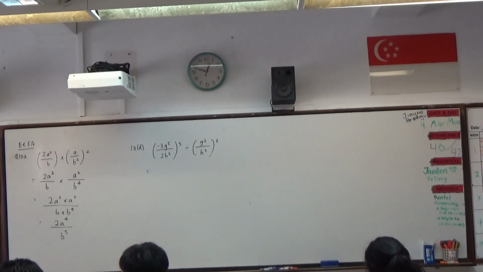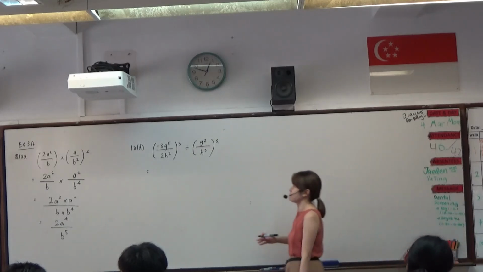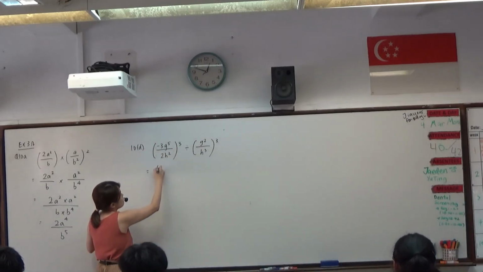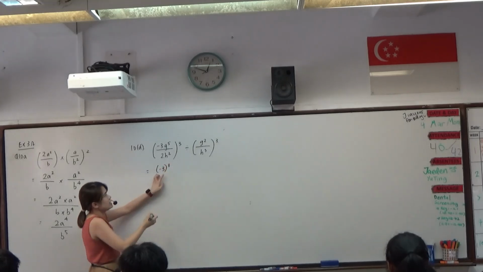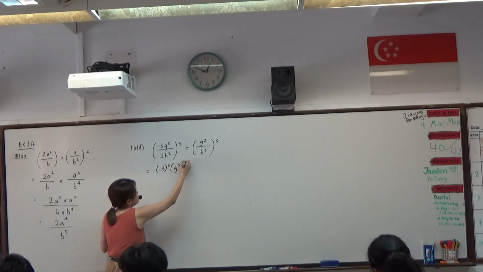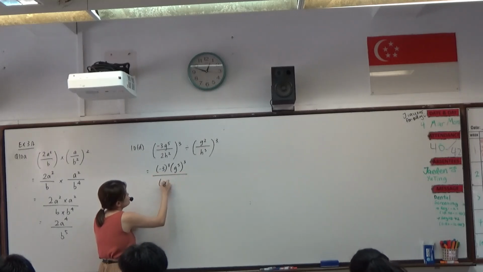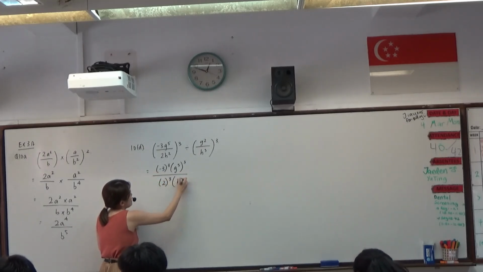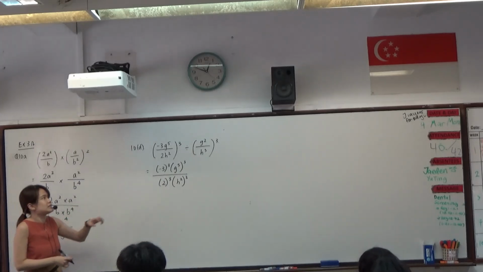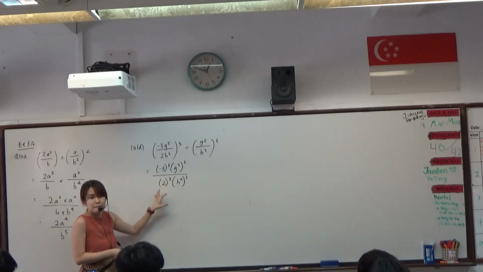So you must recognize the different things that are found inside the fraction. We have negative 3, which is a coefficient. So I'm doing negative 3 to the power of 3, followed by g to the power of 5 to the power of 3, 2 to the power of 3, and then h squared to the power of 3. So the power of 3 is being distributed in this manner.